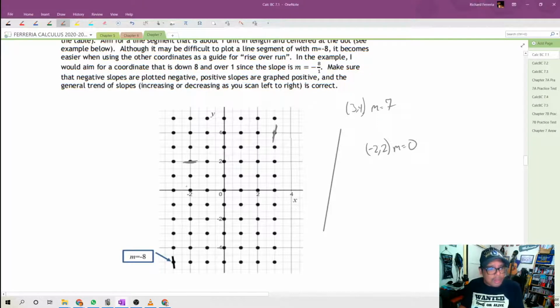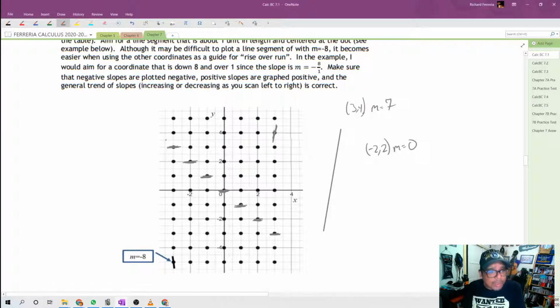Okay. -3, 3, that's also going to give me a slope of 0. And in fact, sometimes it's good practice just to figure out all the places where the slope is going to be 0 and do those first. Those are usually pretty easy to find. So here the slope is 0 all the way down that diagonal. Okay.